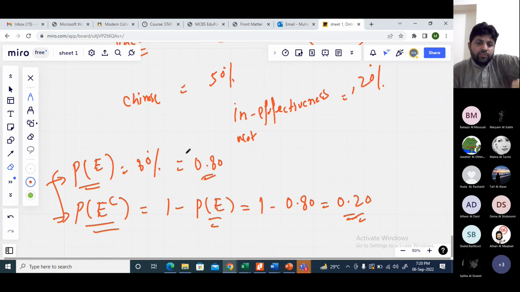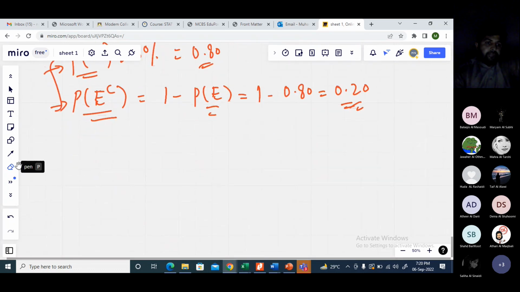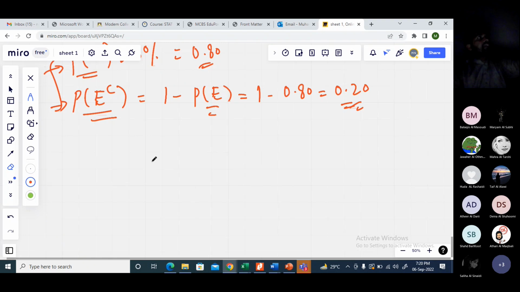According to your problem, if someone has given you the probability of a defective item is 5%, we can write 5% as 0.05. There is maybe a problem in the camera, but the lecture is going on, no problem.